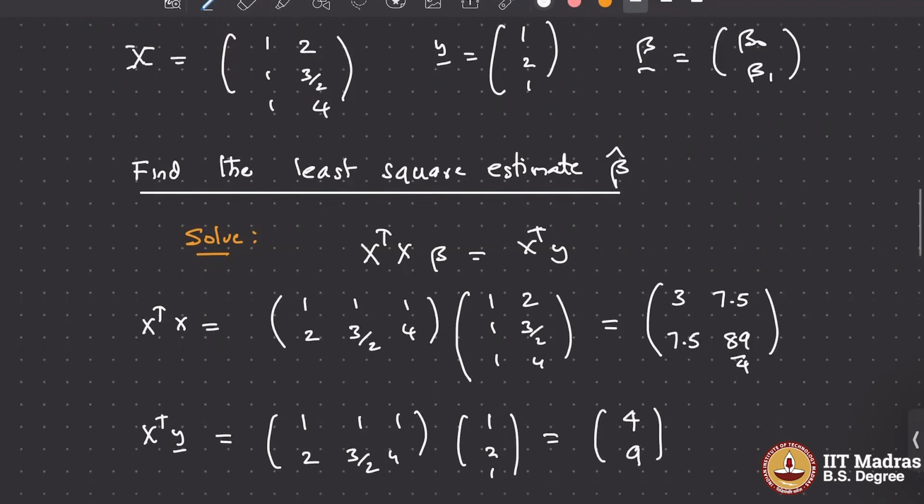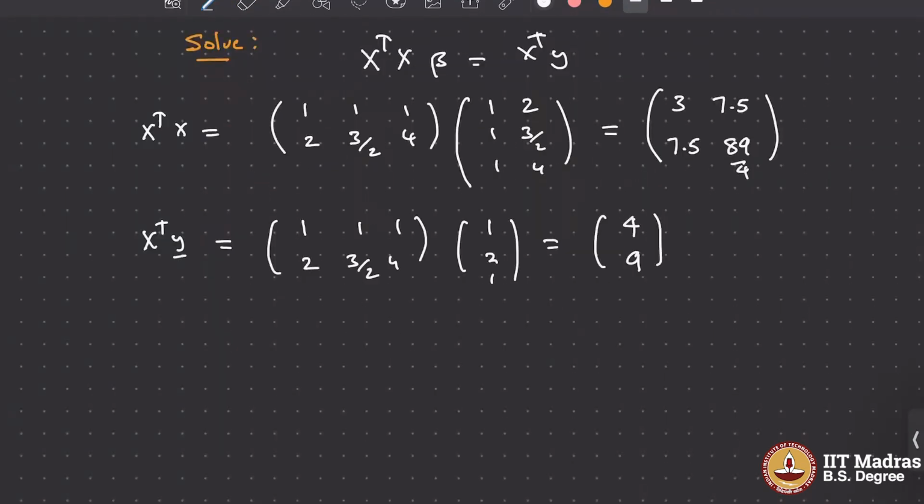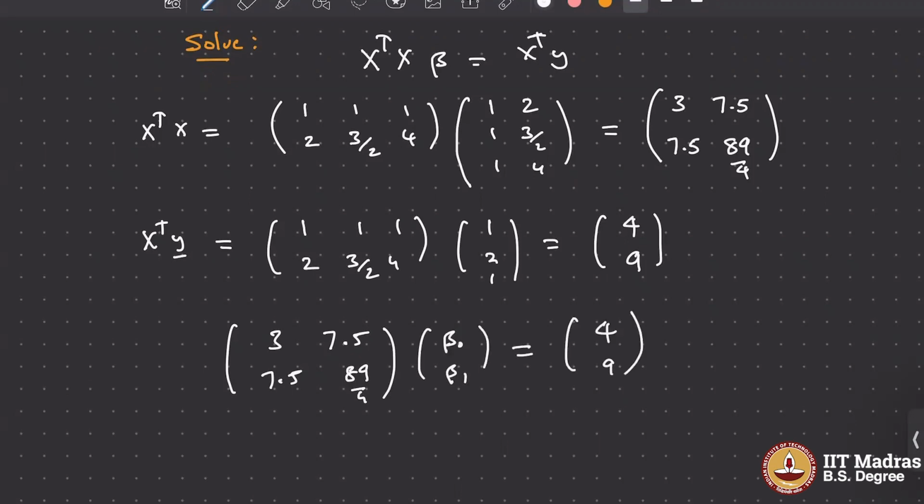So now I have to solve this, right? How do I solve this now? I have the matrix 3, 7.5, 7.5, 89 by 4, times beta naught and beta 1, which should be equal to 4 and 9. This is what I have to solve.